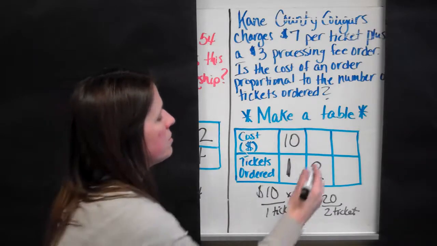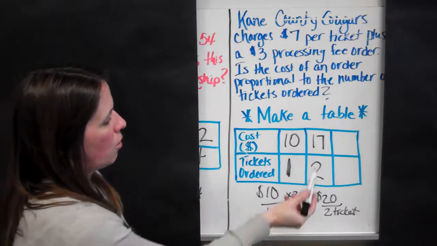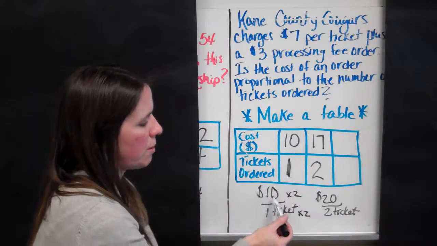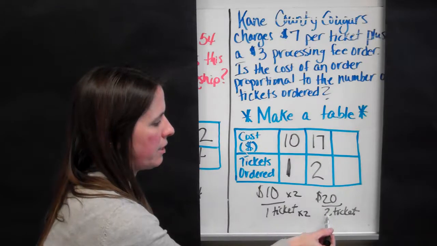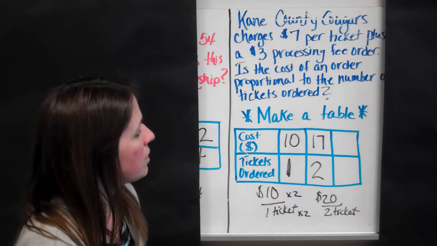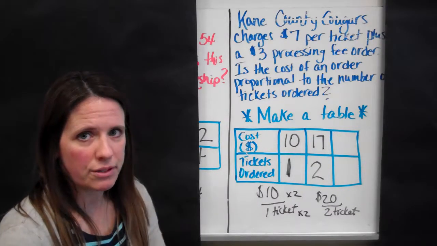And 14 plus 3 is 17. We're not ending up with the same unit rate. Because if we double our original unit rate, it should be $20 for 2 tickets, and it's only $17 for 2 tickets. So therefore, right now, we can already see that this is not a proportional relationship.